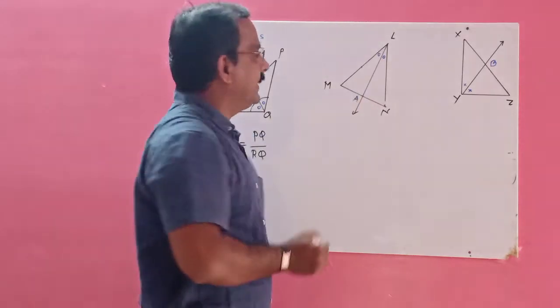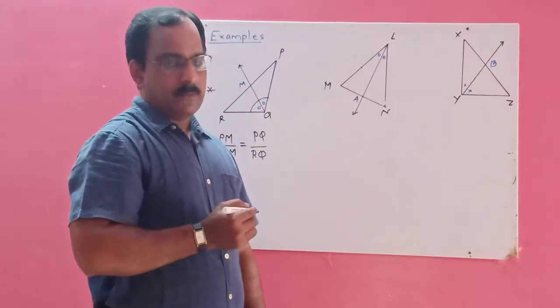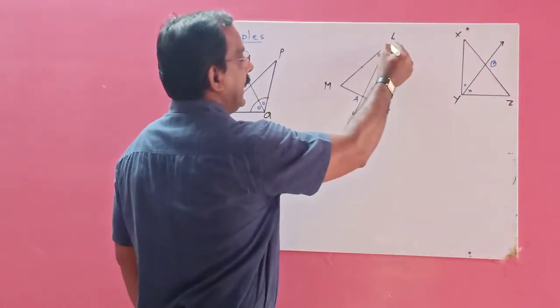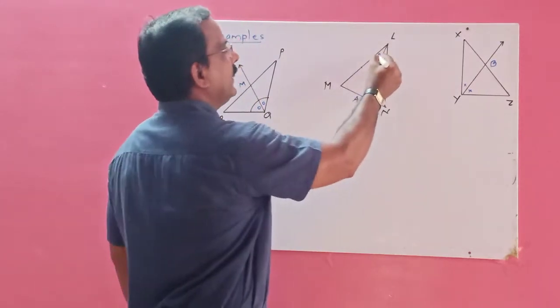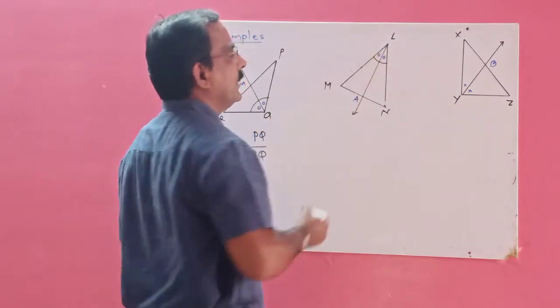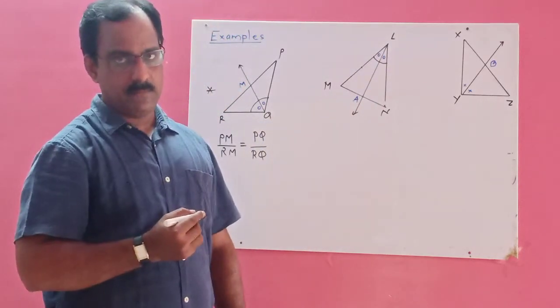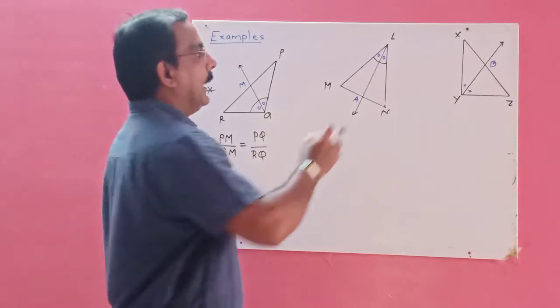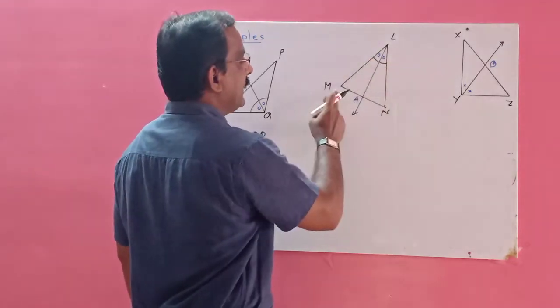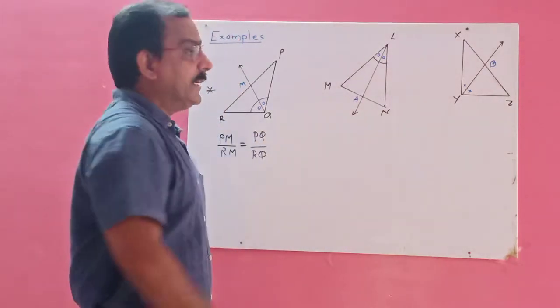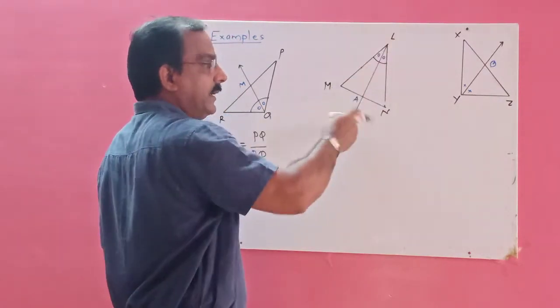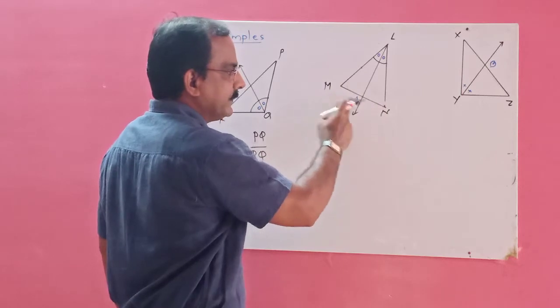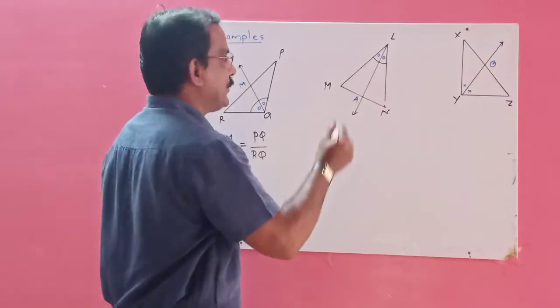Similarly children, just see here that ray LA is an angle bisector of angle L. So which is the opposite side of angle L? Opposite side of angle L is MN. So this LA divides this side in the ratio.